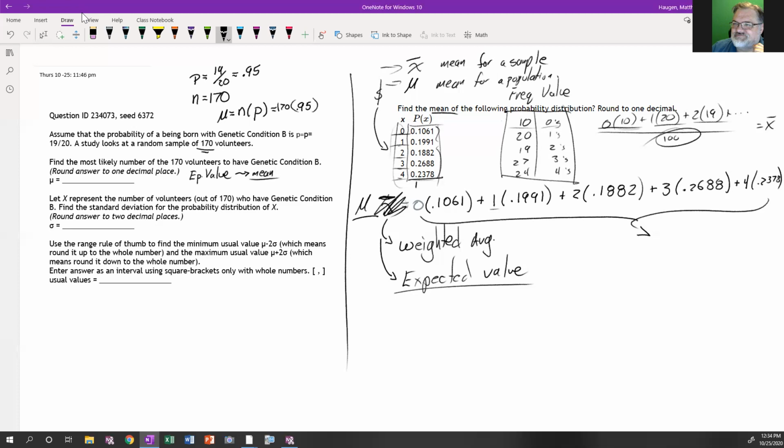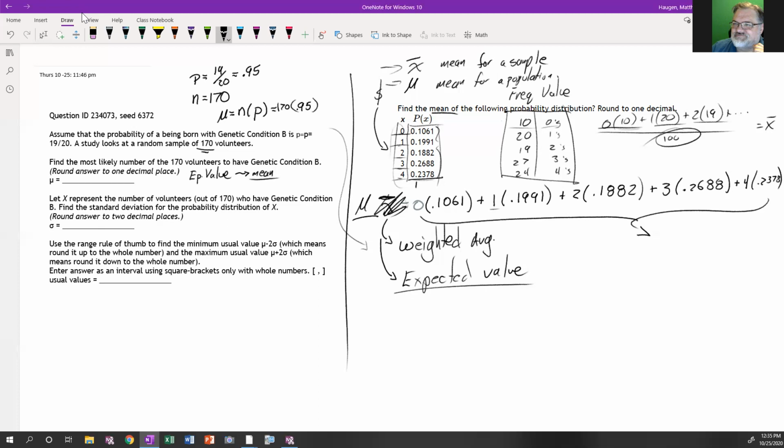Now, again, you might say, wait, why is that different than what's going on over here? Well, it's really not. It's just we only have one probability that we're looking at. We don't have all these different possibilities that we have to add up. We only have one possibility that we're adding up.